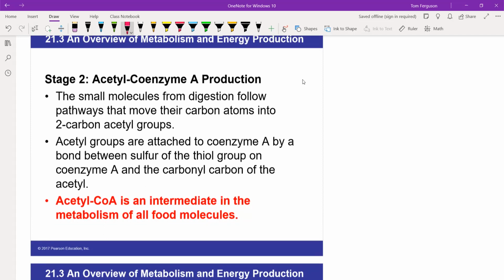Okay, it's this acetyl-CoA production. That's done in the Krebs cycle, an older term you'll see depending on what you're reading, or you'll see it in biology books.